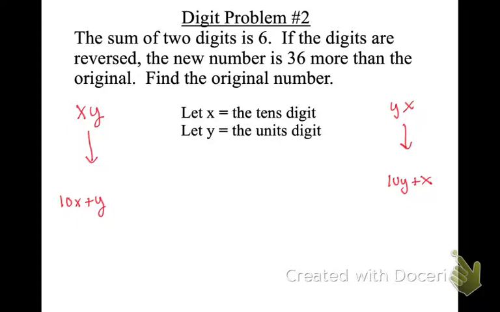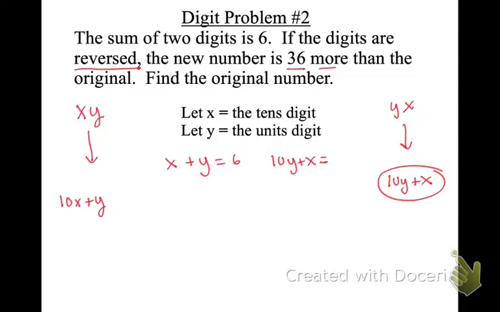So I do x plus y equals 6. The second equation is reverse. Remember, we're doing value. What's the reverse value? 10y plus x is equal to 36 more than original value.